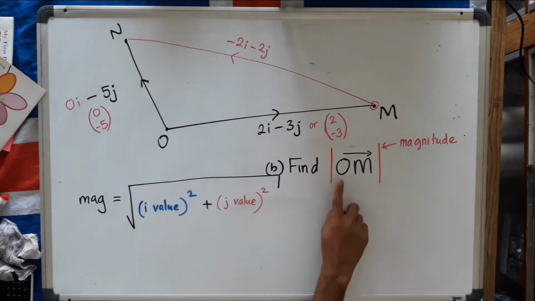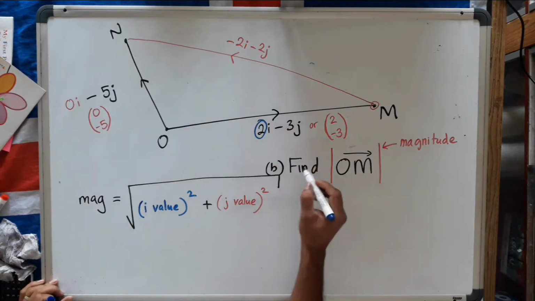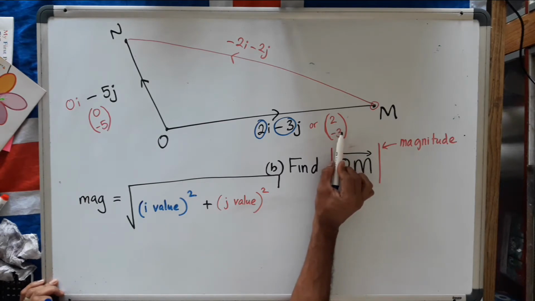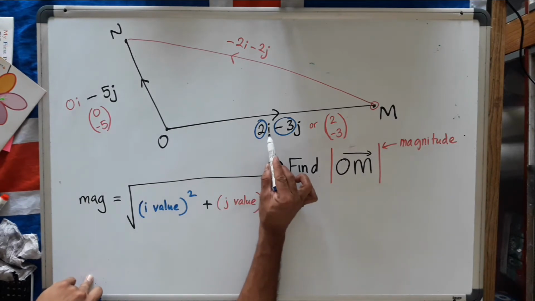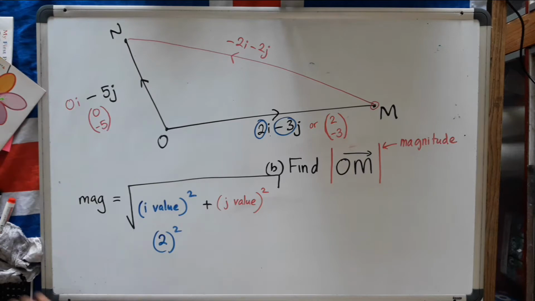So how do you find the magnitude of OM? Well, for OM, the i value is 2 and the j value is minus 3. You can see it here too. Here's the i value and here's the j value. When you put it into the formula, you're just taking the numbers touching i. You're not actually putting the i inside. So the number touching i is 2. So you say 2 squared plus j squared.